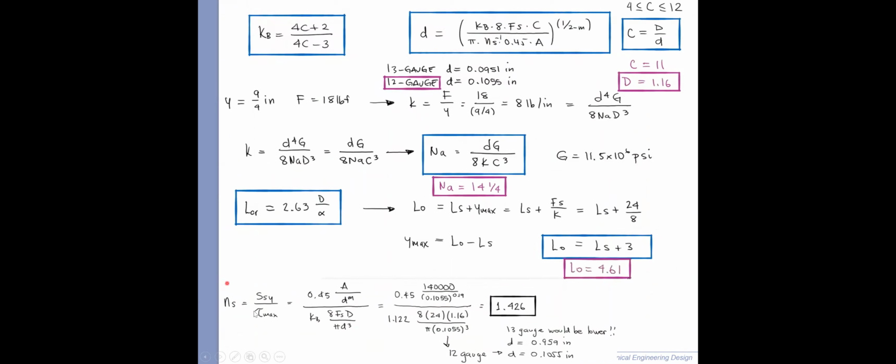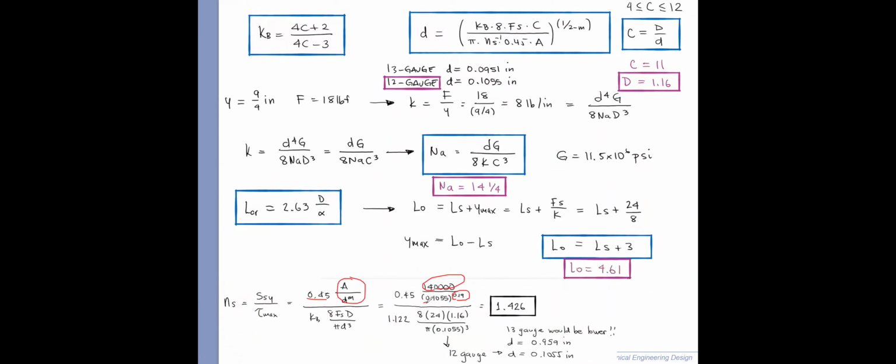Okay, and the safety factor is defined as SSY over the maximum shear stress, because it is before set removal. So it's 45%, and we can check the table to find the number.